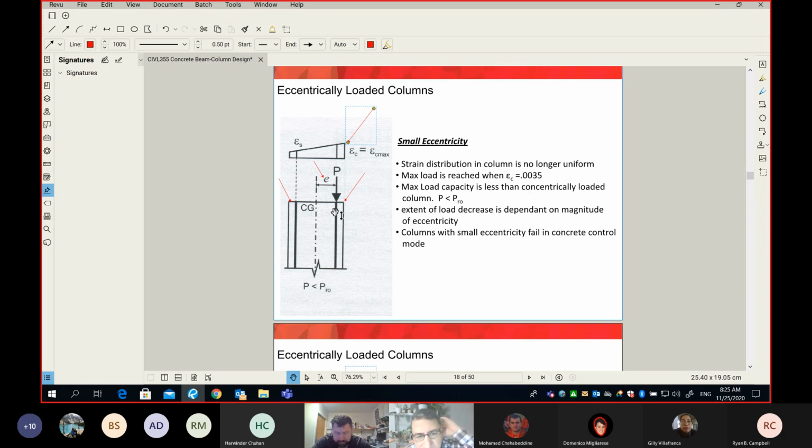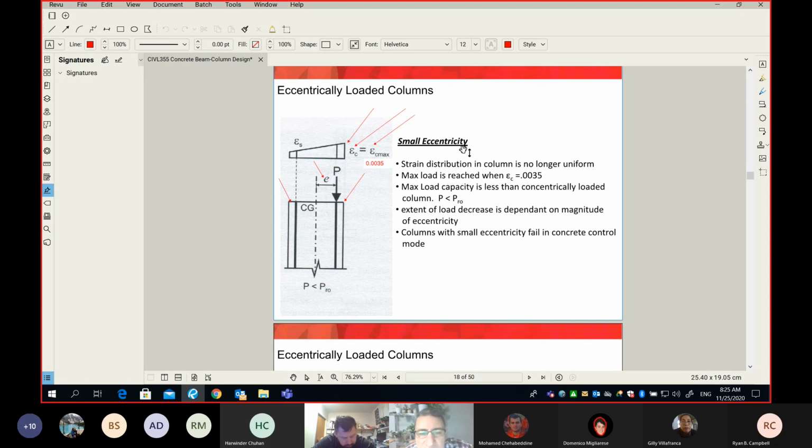If we keep adding force, like increasing the load P, the column will simply fail, controlled by the concrete. At some point epsilon C reaches epsilon C maximum, and remember how much that is: 0.0035.